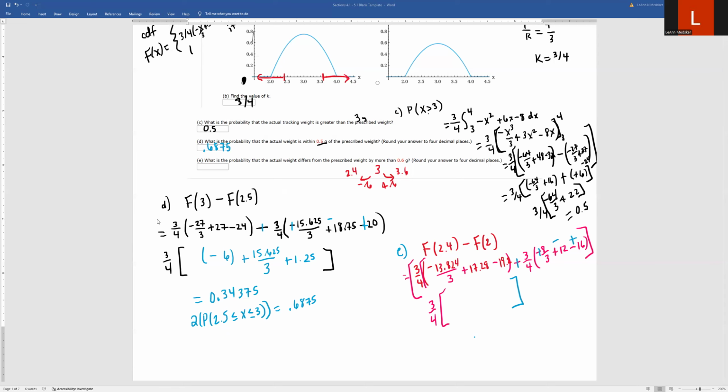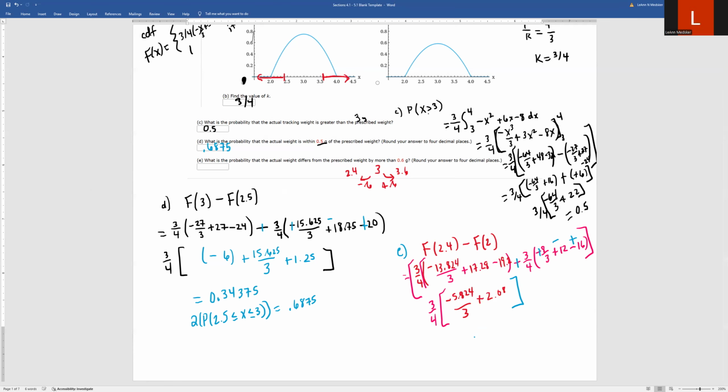So we have 13.824, and that's negative, and we're going to add to that the 8 in the second part that both have the denominator of 3. So that's negative 5.824 over 3. And then I need to add all my decimals and pieces. So 17.28 minus 19.2, and then minus the 12, and then plus the 16. That's plus 2.08.